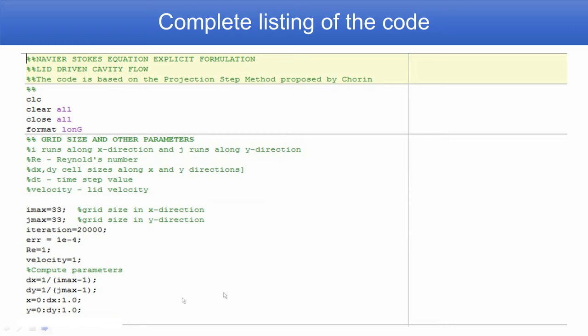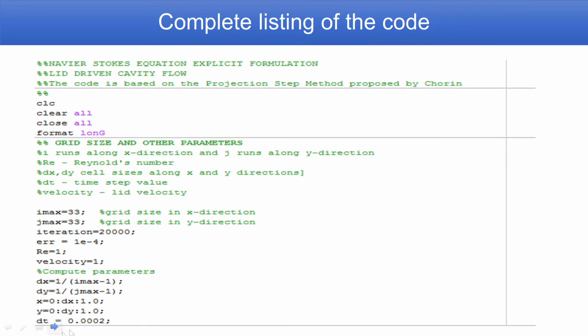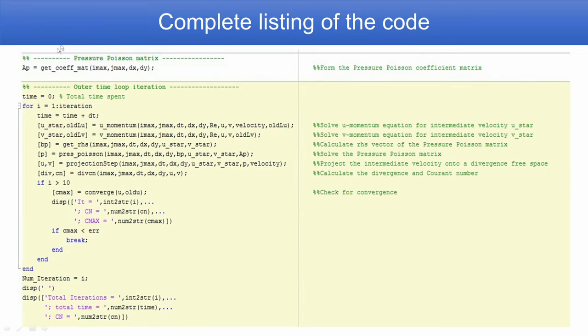So, x is going from 0 by delta x up to the value of 1.0. Similarly, y is going from 0 to 1 with the step value of dy. dt equal to 0.0002.